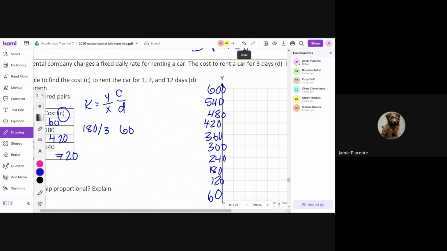Ugh, doesn't work. Okay, let's erase. Sorry. Should have looked at all that.